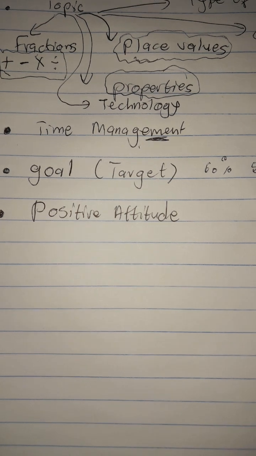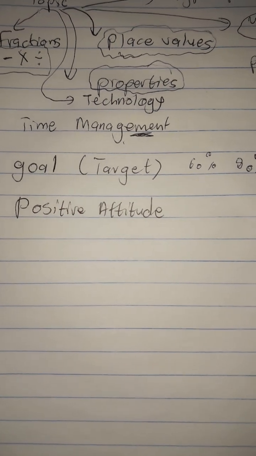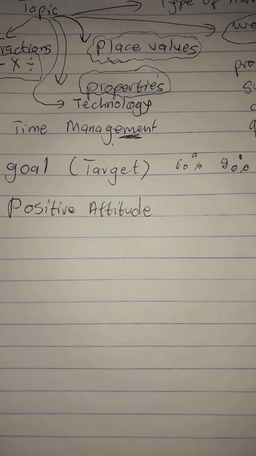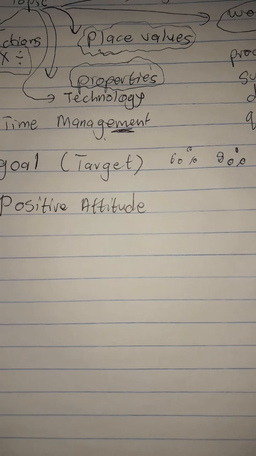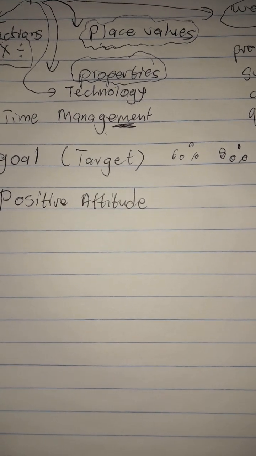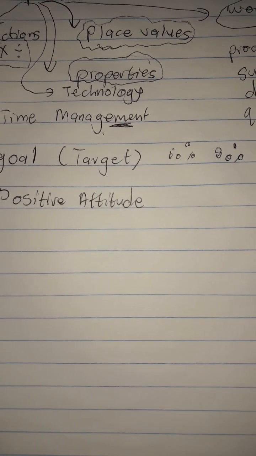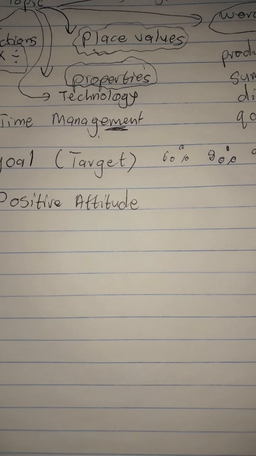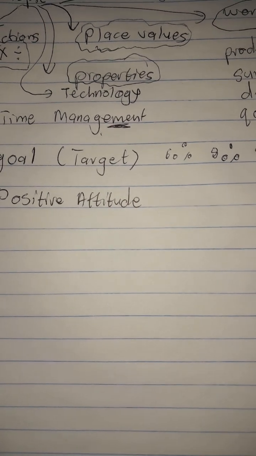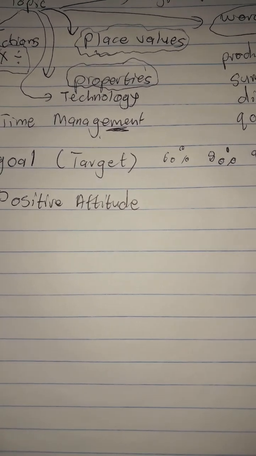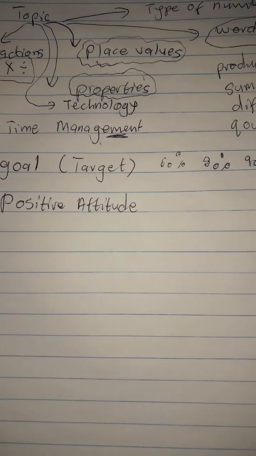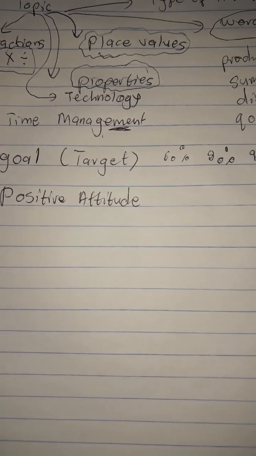Then lastly, have a positive attitude. Why is it essential to have a positive attitude? If you have a positive attitude, it's easier to achieve whatever you set in your mind. So if you're positive, remain positive no matter what. No matter what, guys. Stay positive so that you can achieve your desired goal. Tell yourself, I will pass this exam. I will make it.